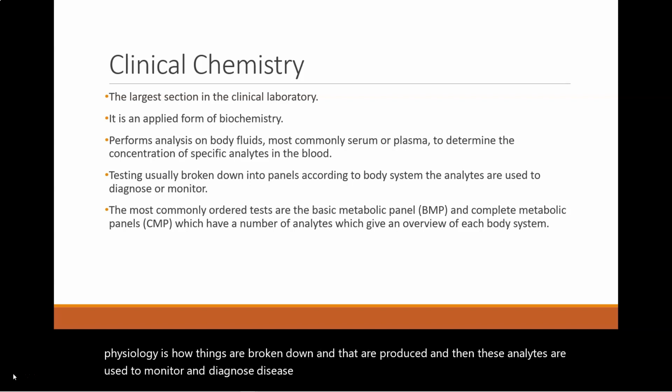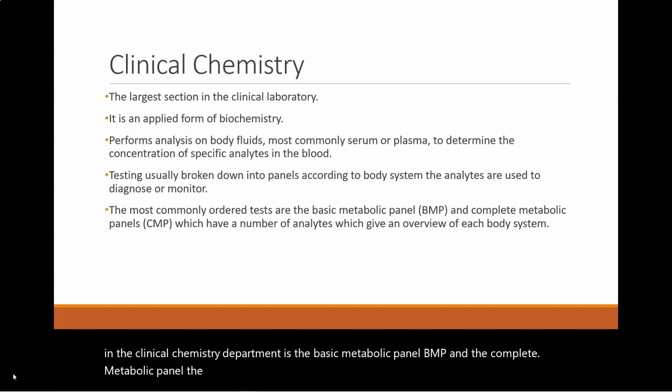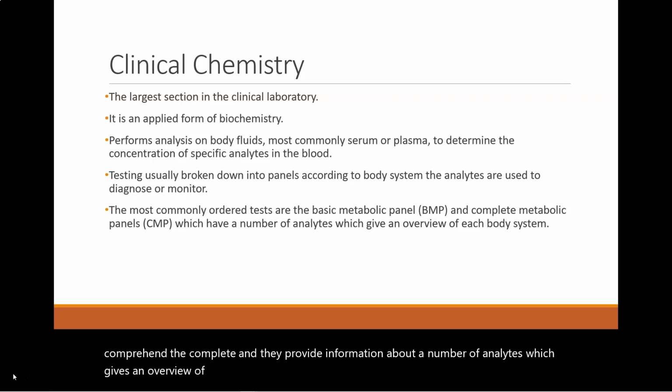The most commonly ordered test in the clinical chemistry department is the basic metabolic panel, BMP, and the complete metabolic panel, the CMP. The difference in the two panels is the basic has fewer tests than the complete. And they provide information about a number of analytes, which gives an overview of each body system.